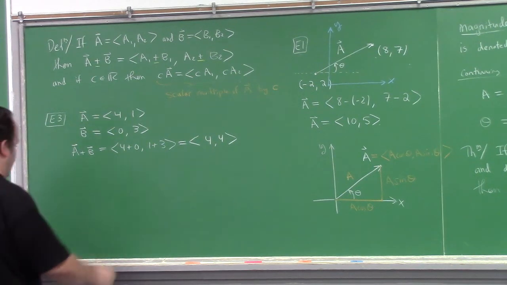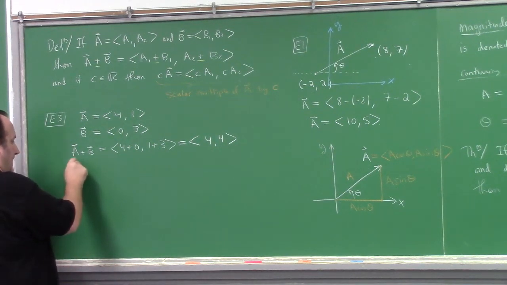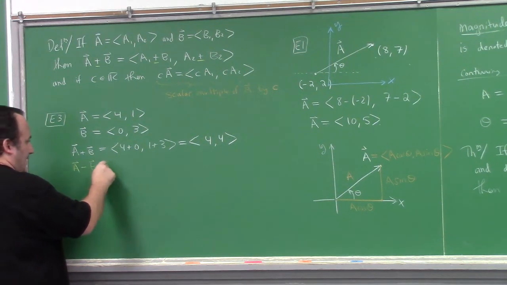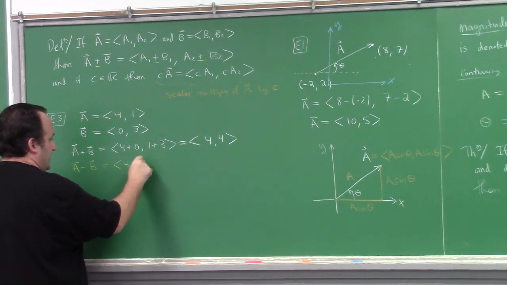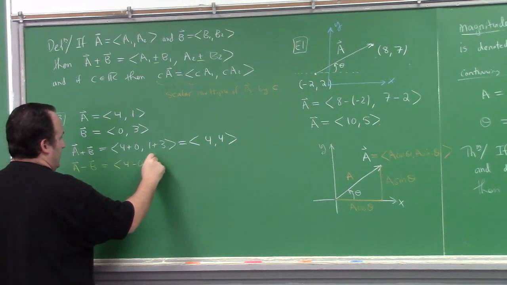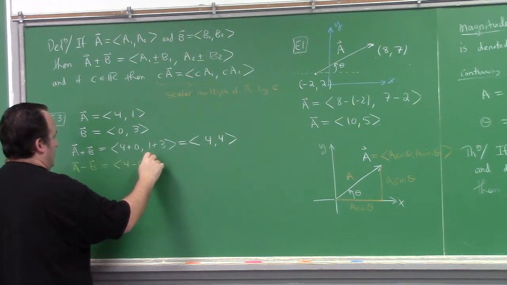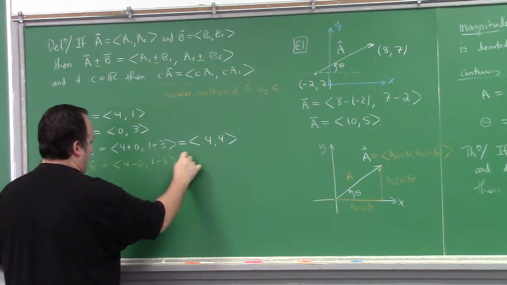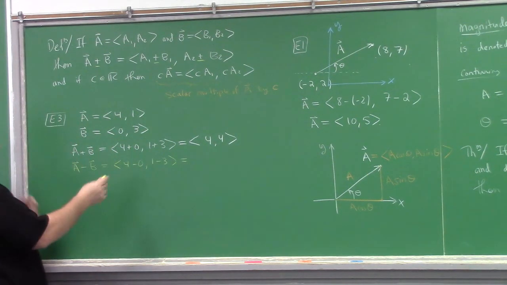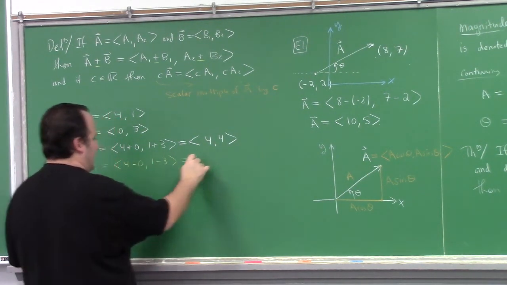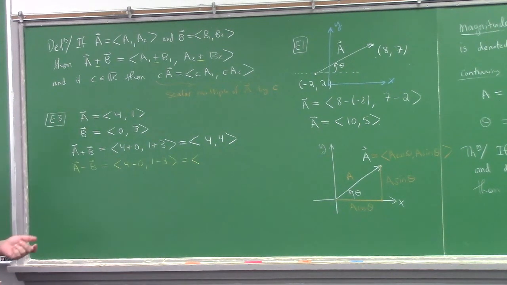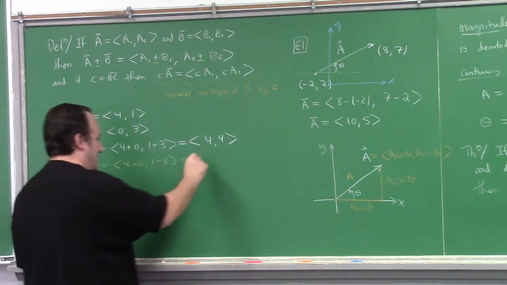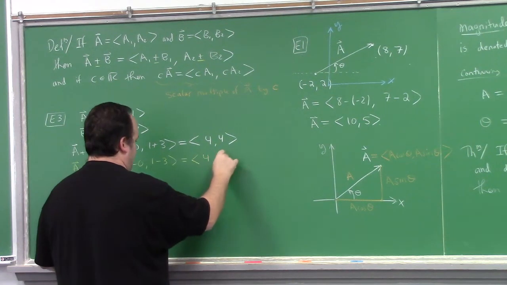Like A minus B is (4 minus 0, 1 minus 3), right? Did I do it? Yeah. You've got to be careful with subtraction because it matters which one is which, right? Subtraction does not commute. So we got (4, minus 2).